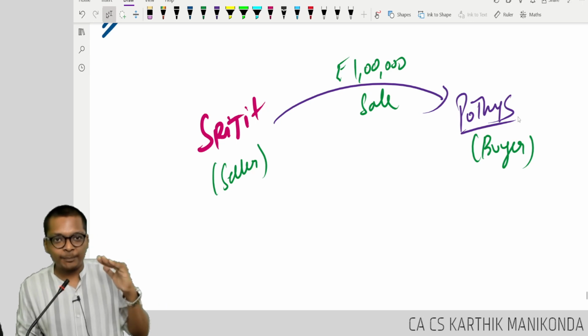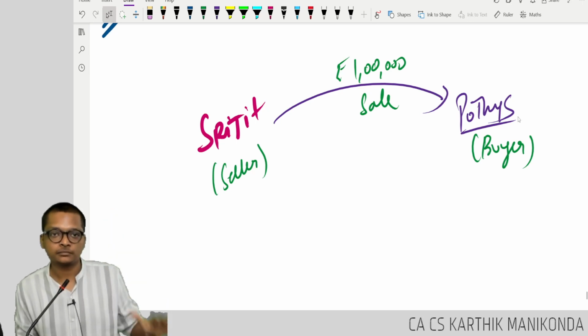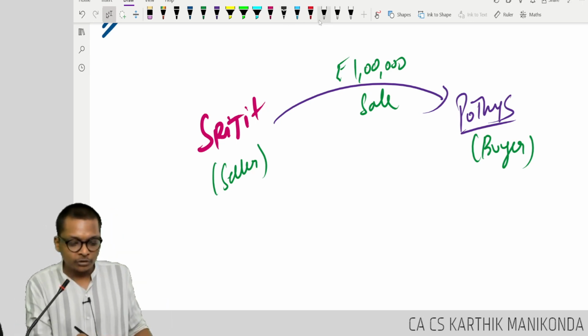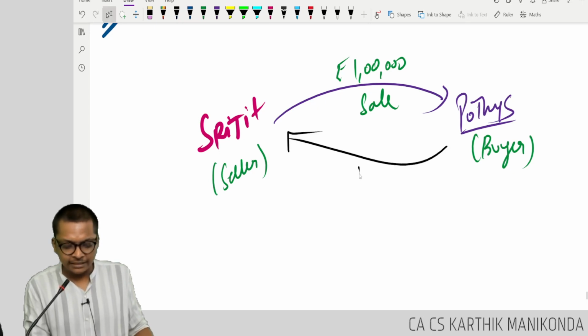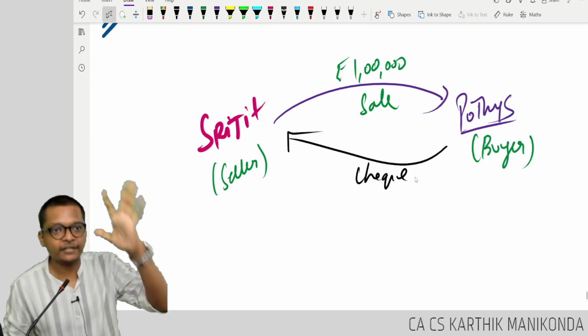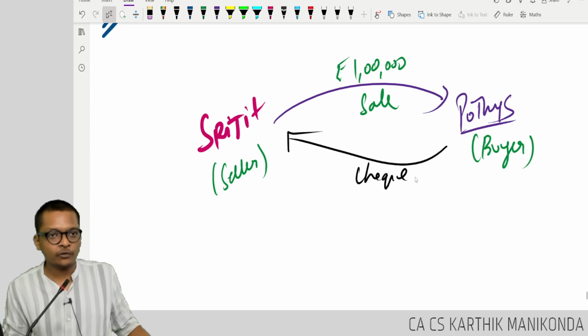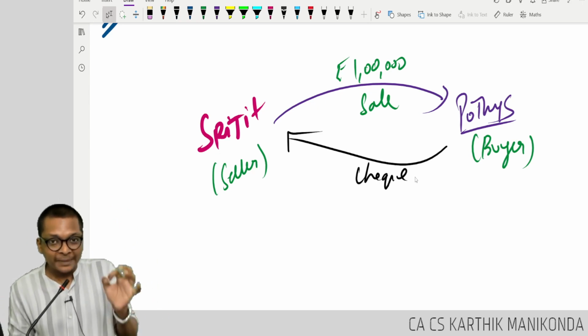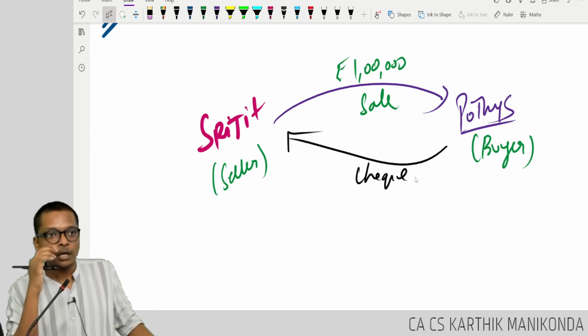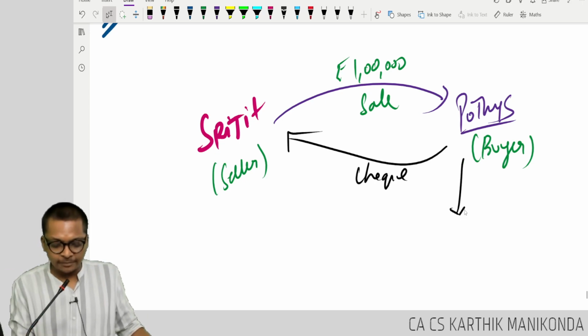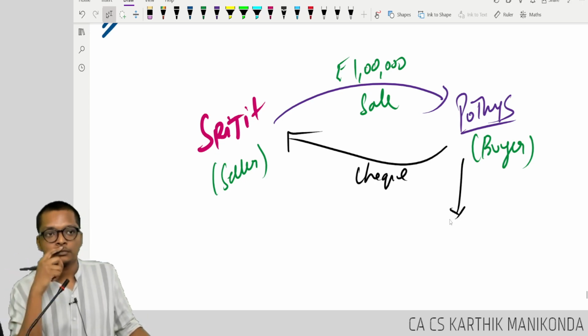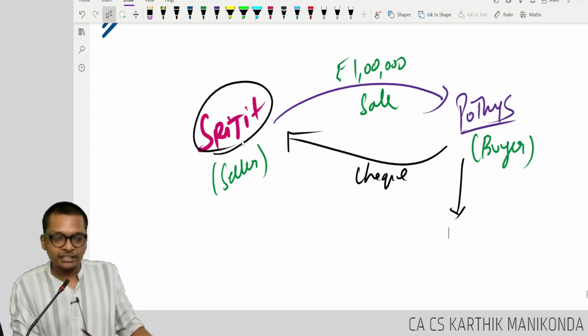Pothys told, I will pay you after few months. Or let's say Pothys is giving a check, guys. He is giving a check for 1 lakh. Are you following, guys? Who is making this check? Pothys. So Pothys is making this check. On whom? Srijit. Correct?